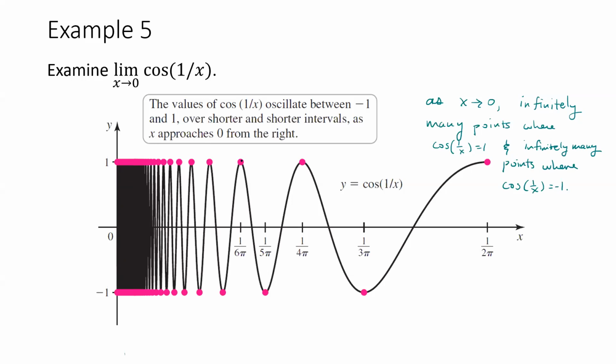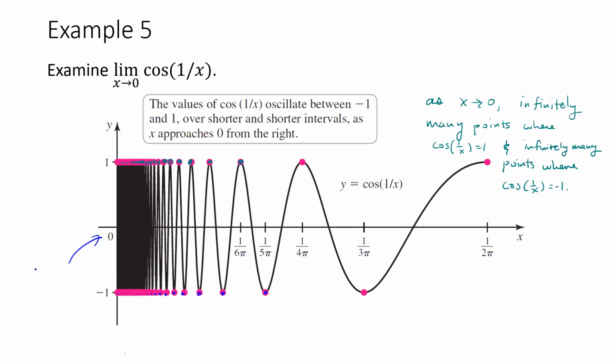So you can see like all these points up here, as it gets closer and closer to 0, as x gets closer, there's going to be infinitely many of these points here. Or down here, there's going to be infinitely many of these points down here that it's going to hit before it gets to the point at 0.